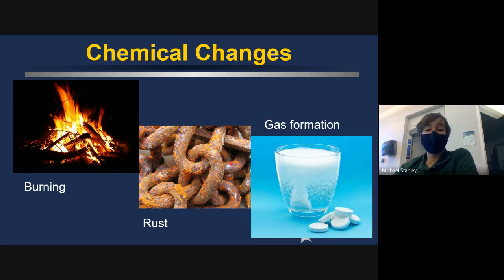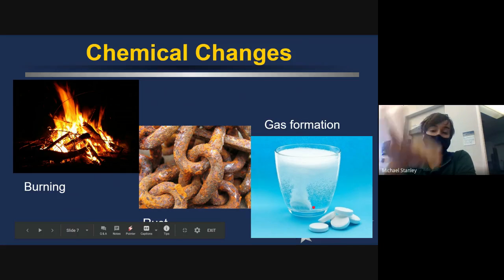And then a really good example of some rapid gas formation is if you ever have some heartburn and you take an old school Alka-Seltzer tablet, when you drop that little tablet in the water, all this fizzing and bubbling starts to happen right away.